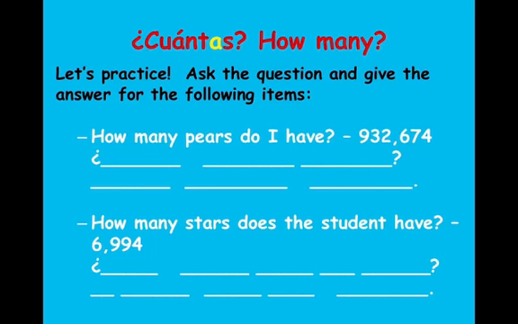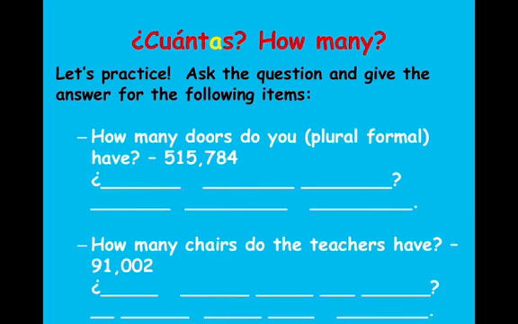And how many stars does the student have? The student has 6,994 stars. Again, returning students know what the word for stars is. If you're a new student, you can look that one up in the dictionary. How many doors do you, plural formal, have?